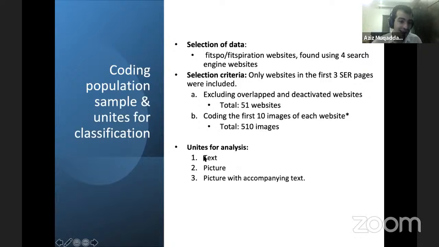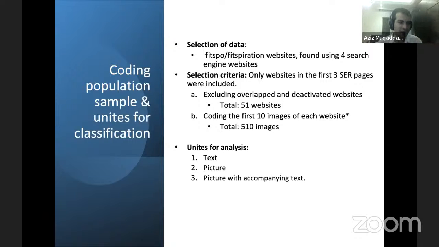And the units of analysis, remember, what they are analyzing: text, picture, and picture with accompanying text. If they have a picture and you see a blurb or a description at the bottom, they would code for both, or even a picture with printed text on the picture itself, like a poster.